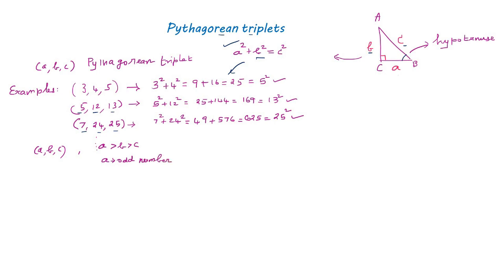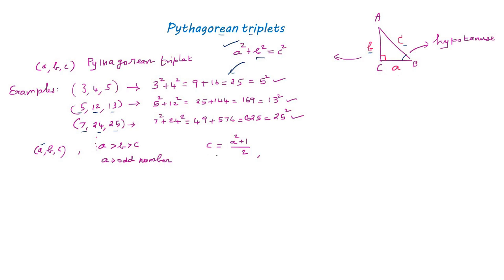Then we can generate b and c easily. How? c is equal to (a squared plus 1) by 2. We have assumed a. It can be any odd number, 3, 5, 7, 21, 29, let it be. So a is one of the triplet, the smallest of course, and an odd number.